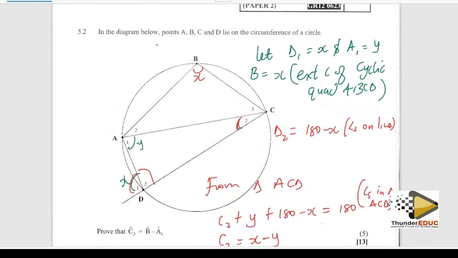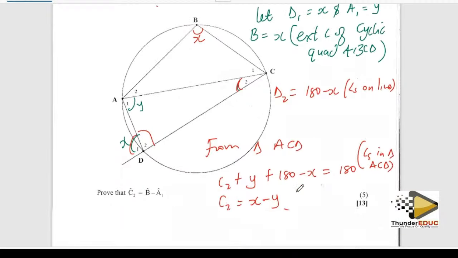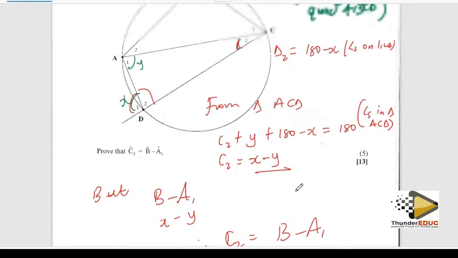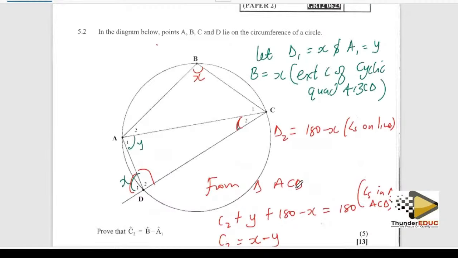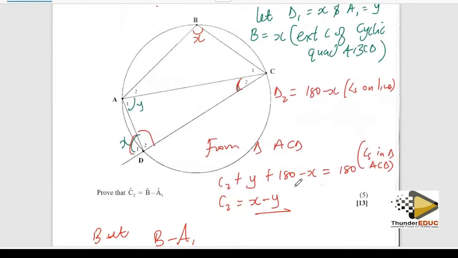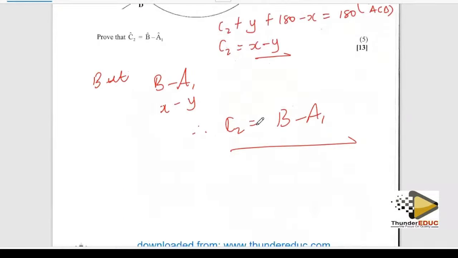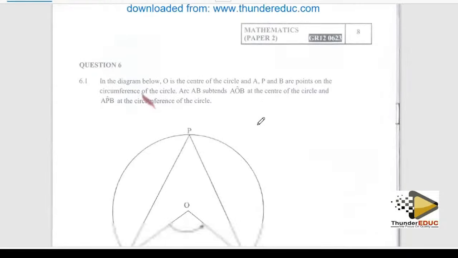Or alternatively, someone would have used the letters the way they are, D2, A1. I find this much simpler, much easier. Guys, you are allowed to do that. Remember, in Euclidean geometry, you're always allowed to construct and add stuff as long as it helps you in answering the questions.